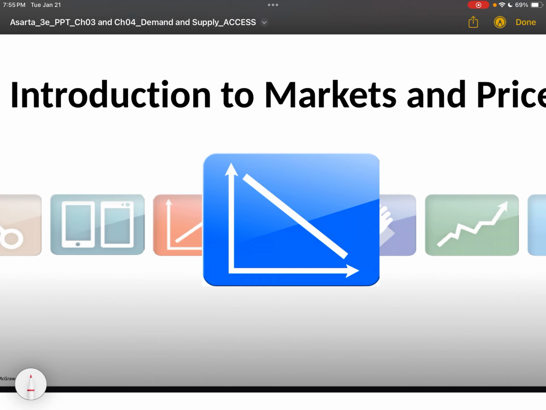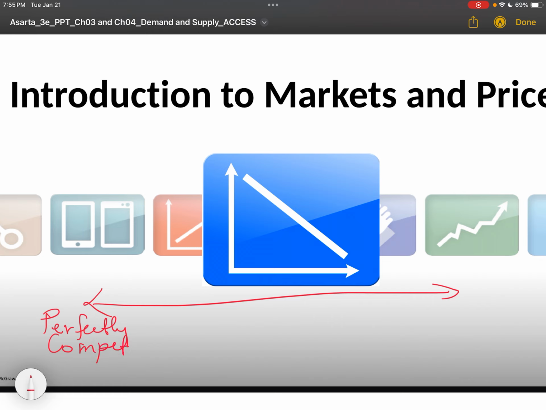Okay, so you're going to think of markets as a spectrum, and I'm just going to draw right here. We have a spectrum of markets. On this far end, to my left here, we have perfectly competitive market. Now, if you didn't figure out, I'm writing on the slide, so you really want to have your eyes fixed on the slides so you're not playing it like a podcast in the background, right?